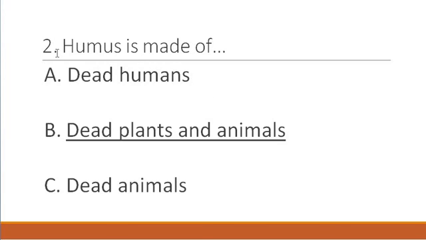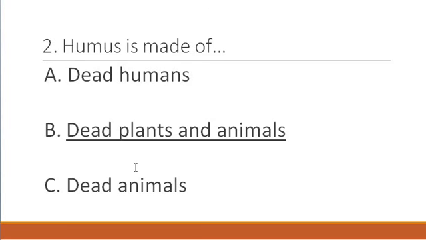Moving on to the second one. Humus is made of. Now the options are dead humans, dead plants and animals, or dead animals. Here is the twist. I have kept the options keeping in mind that I can twist the questions in the exam like this. How come? If you have half knowledge about the humus, if you have not gone through the textbook or the explanation videos, what will happen?